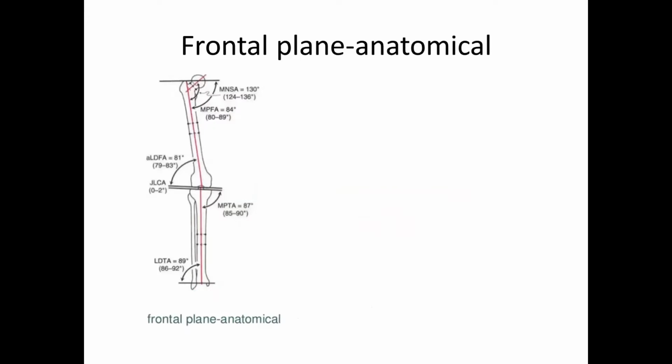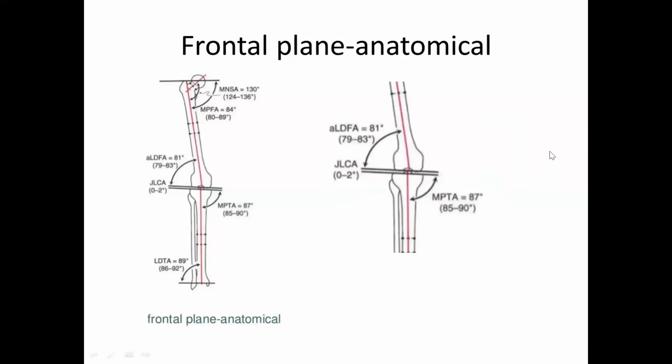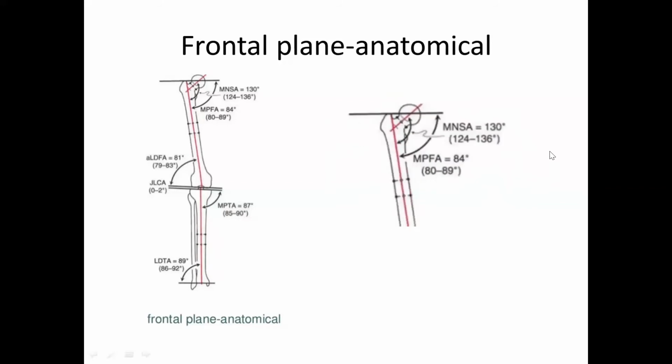So now we come to the anatomical. Anatomical, what are we referring to with that? Let's go around the hip joint. This is when we make an angle between... Now, the medial neck shaft angle is between the axis of the neck and the anatomical axis of the femur.